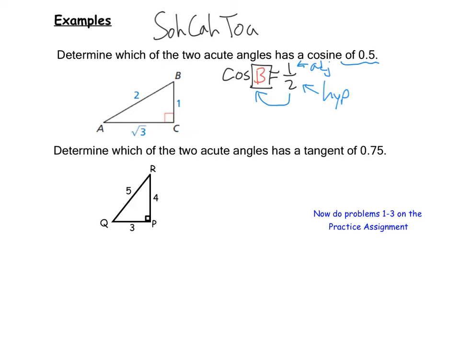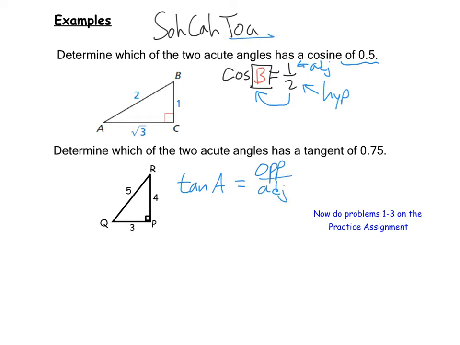So here we got another one down here. We want to determine which of these two angles has a tangent of 0.75. All right, well, we know tangent of some angle, I'm going to use a generic A for right now, is opposite over adjacent, okay?